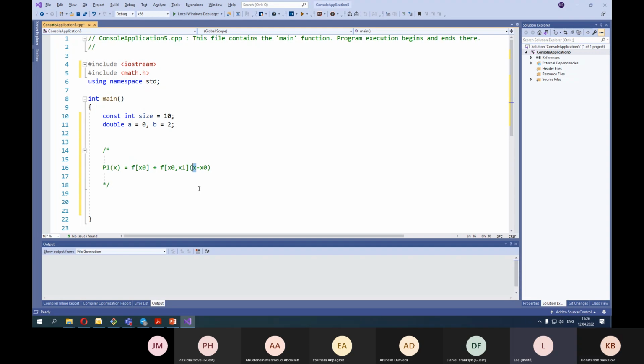Now, if we continue this process, we can find a polynomial of degree 2. What we should do? We should add one more term here: a divided difference of degree 2 times x minus x0, x minus x1.